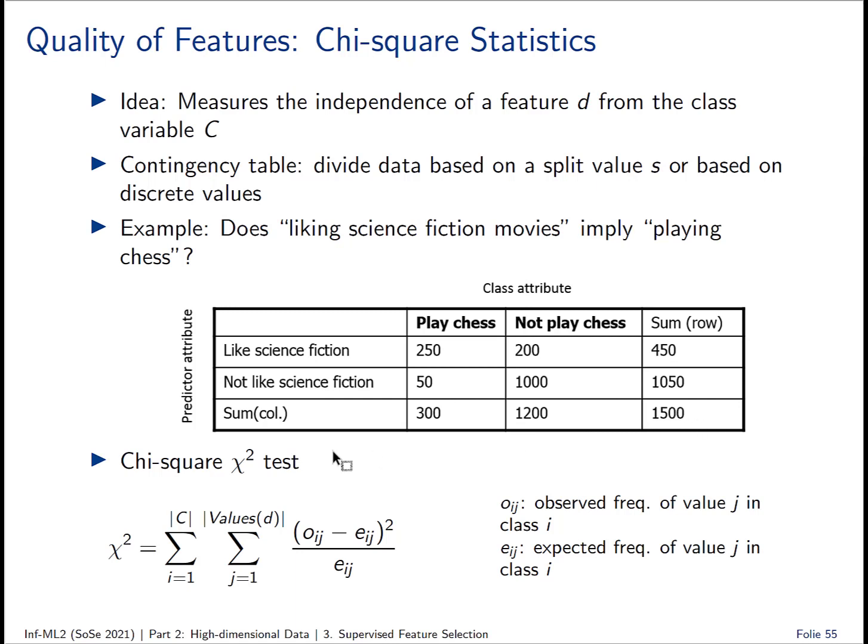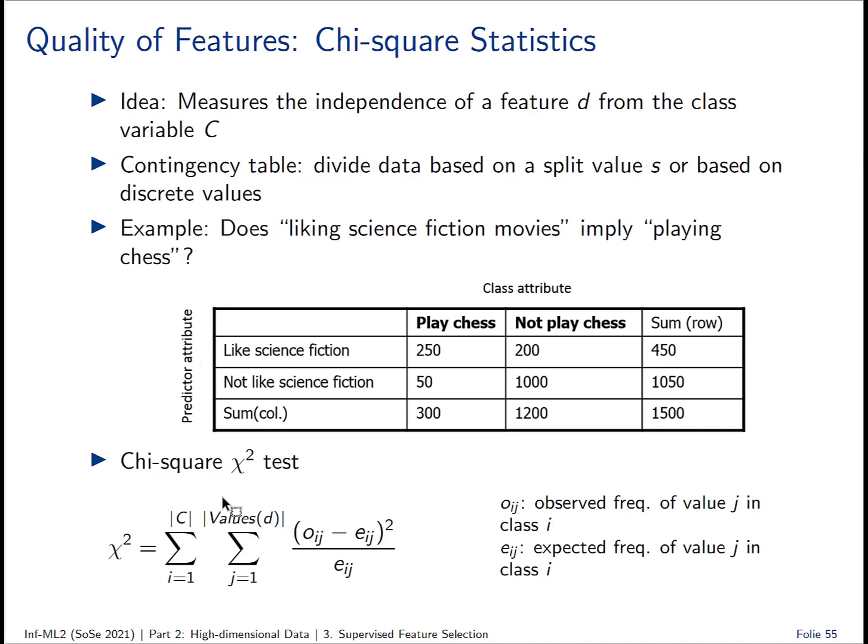Now the chi-squared test is actually very simple, because we look at all the different class labels, which are 2 in our case. Play chess is the first one, and not play chess is the second one. So the index I in our case goes from 1 to 2. Then we also look at the different values in the predictor attribute, the feature that we want to evaluate.